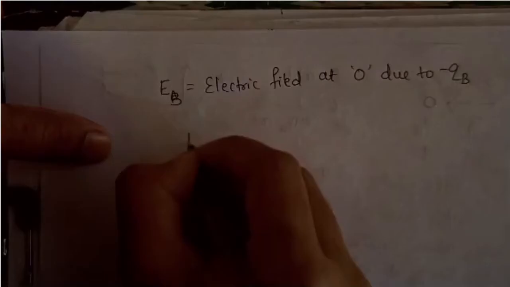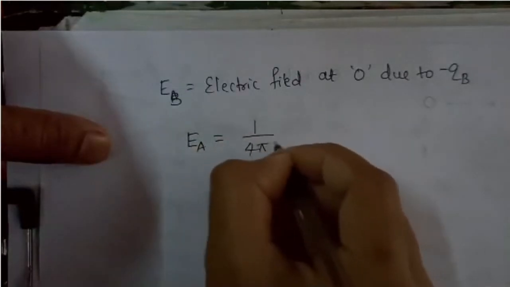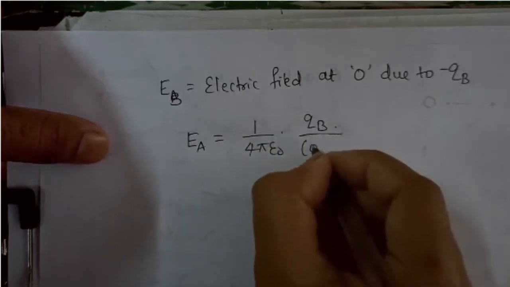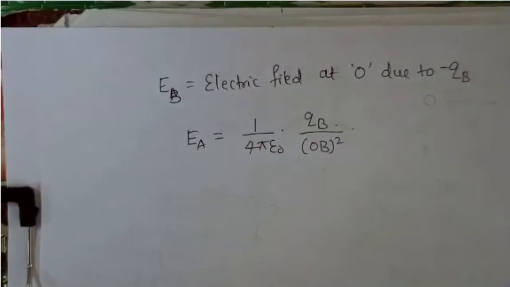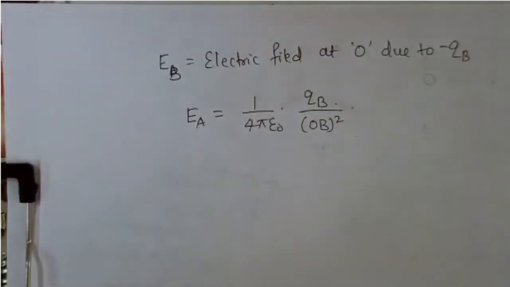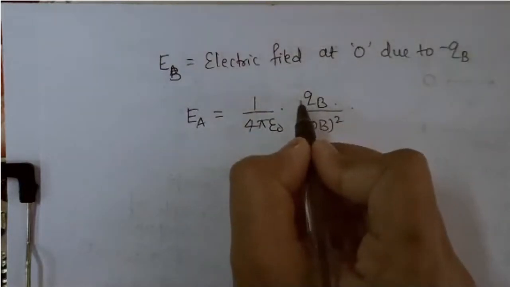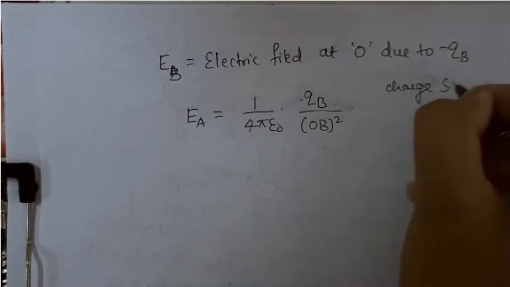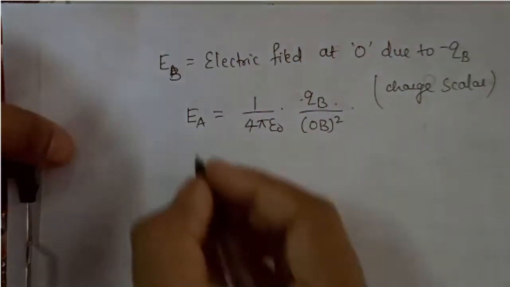Then what is EB? EB is equals to formula 1 by 4 pi epsilon naught QB divided by distance OB square. Now the question arises here, you have taken your minus and here you are not taking minus. Why? Because your charge is scalar. Charge is what? Scalar. Hence I am not taking negative sign over there.